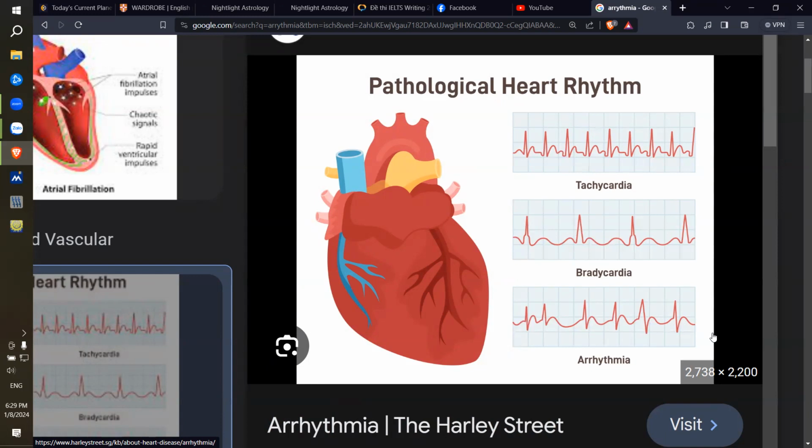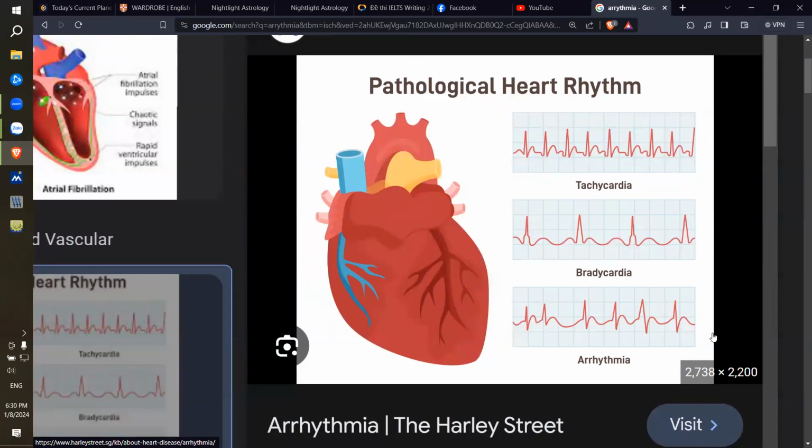What else then? It occurs when the electrical impulses that coordinate the heartbeat do not work correctly, so the heart may beat too quickly or too slowly. Various types of arrhythmias include atrial fibrillation and premature contractions. Atrial fibrillation, what about it?